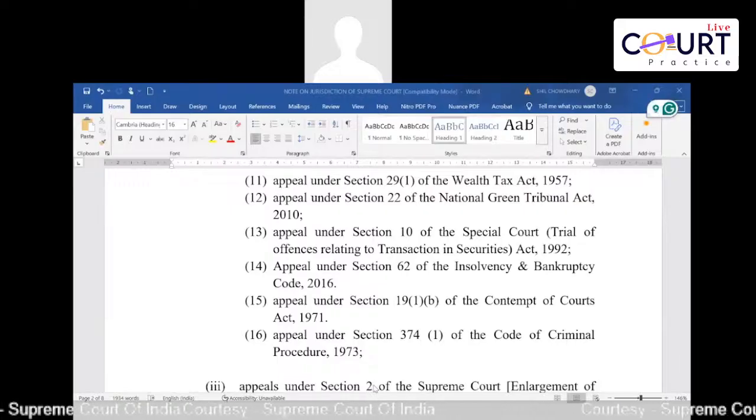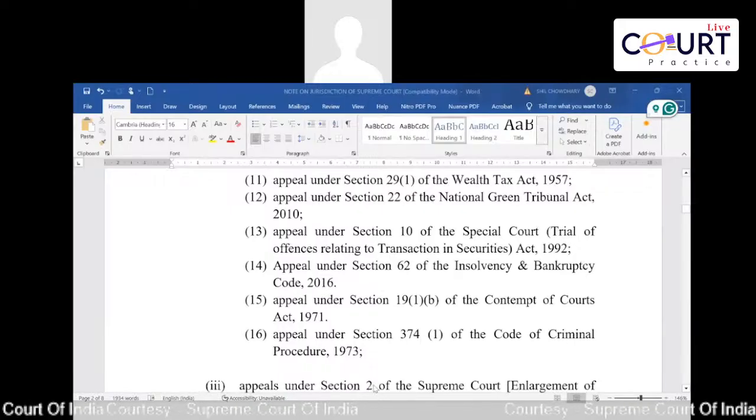Now, what is a substantial question of law? The Supreme Court has time and again specified what is a substantial question of law, but I would like to draw attention to a recent judgment reported in 2022 SCC Online, page 1273, case of Chandrabhan.